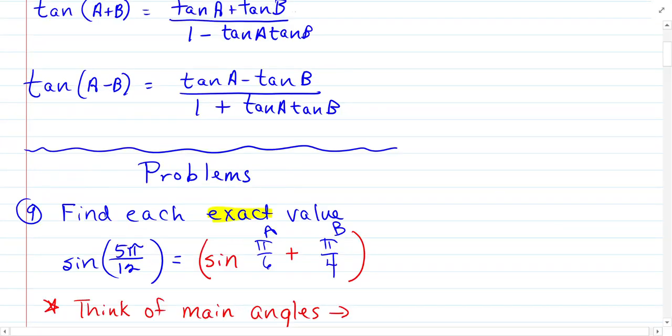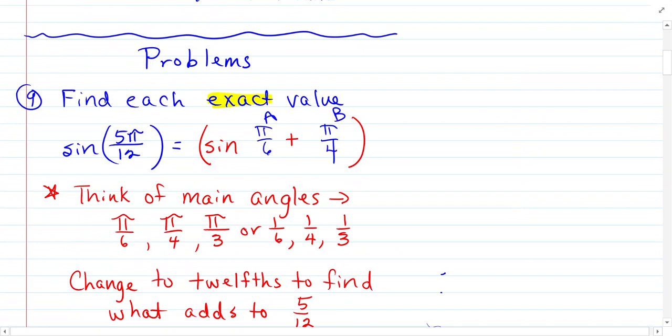All right, so just to look at a few problems in this area, and then we'll look at your homework problems. So find each, so you have sine of 5 pi over 12. It's very similar to the cosine. You have to find two things that will add up. So 5 twelfths, here's 2 twelfths, here's 3 twelfths. And you want to think of the main angles.